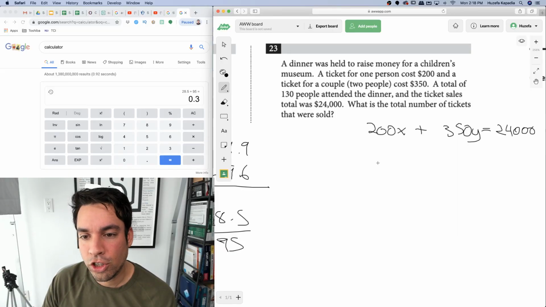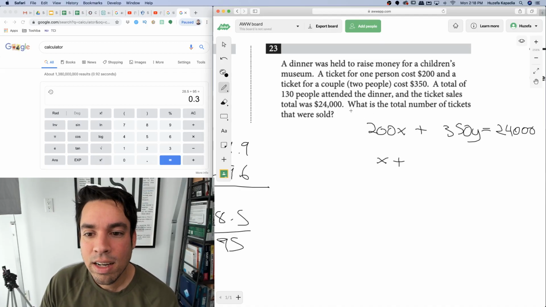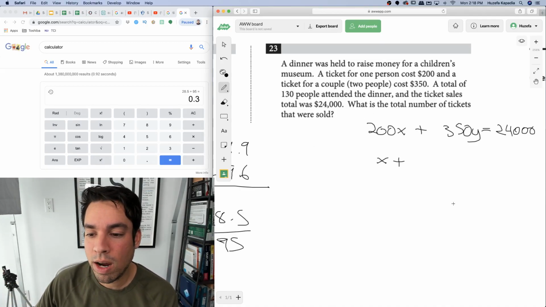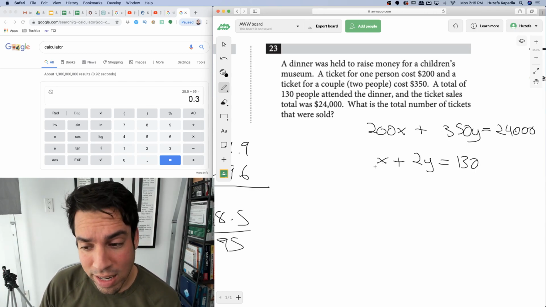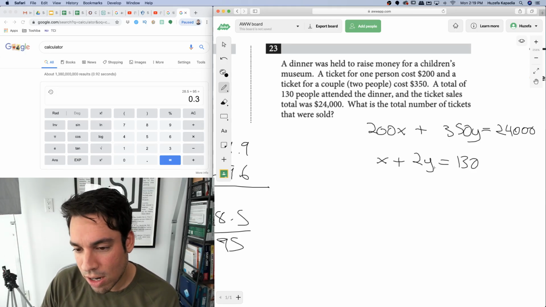The second equation is x plus, this is the number of couple tickets, but they said 130 people attended. So every y ticket sold means 2 people are coming, and that equals 130. That's what makes this system of equations hard. It's not just x plus y equals 130. You've got to factor that in.